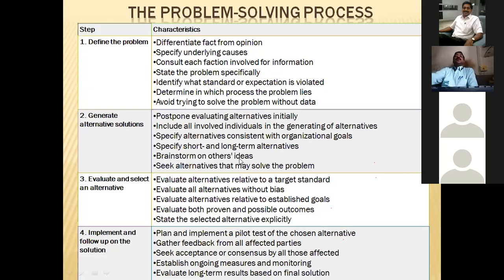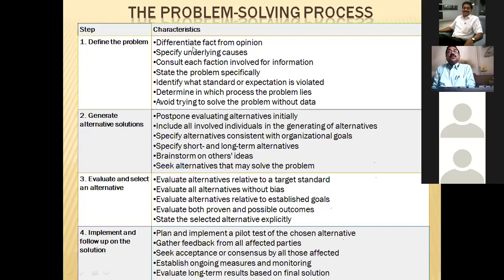Then brainstorm in others' ideas. We have to take ideas from others also, and brainstorm to seek alternatives that may solve our problem. So we have to generate the alternative solutions of our problem.